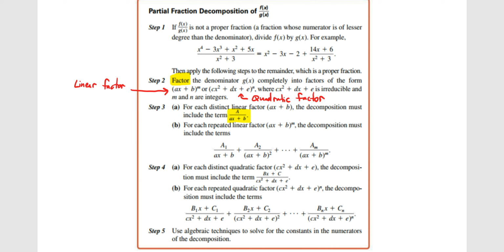And if we have a repeated linear factor, meaning we have an exponent, so ax plus b to the mth power, that means we need to have m number of linear factors. So we need to have one without the exponent, with an exponent of 2, and then we need to keep on going until we get to the mth exponent. Okay, so that's for linear factors.